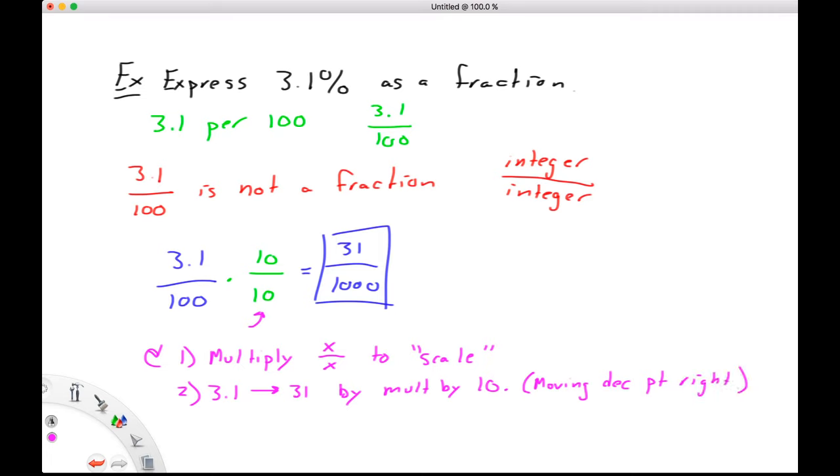Right, we moved it from 3.1 to 31. And lastly, we know that this here, 31 over 1,000, is fully reduced because 31 is prime.